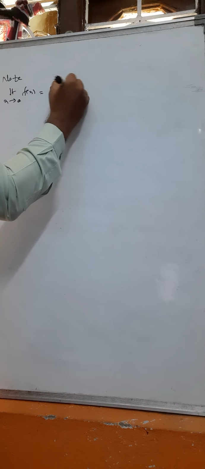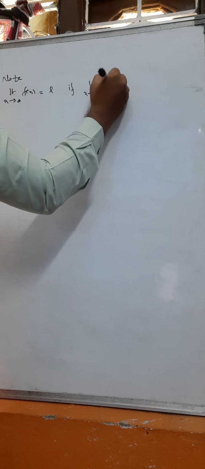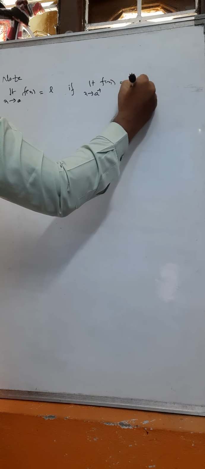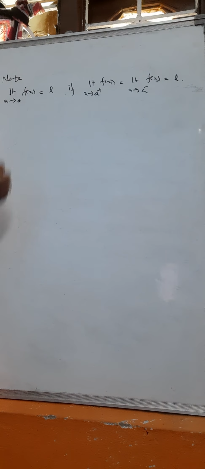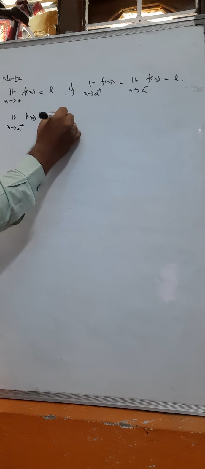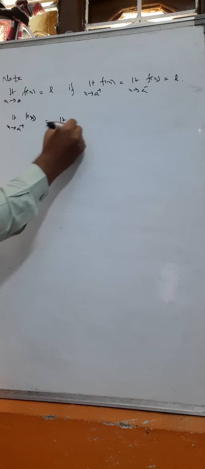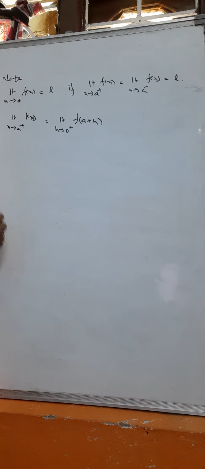Next note, limit x tends to a f of x equal to L if limit x tends to a plus f of x is equal to limit x tends to a minus f of x, that is equal to L. In other form, limit x tends to a plus f of x, we can take as limit h tends to 0 plus f of a plus h.